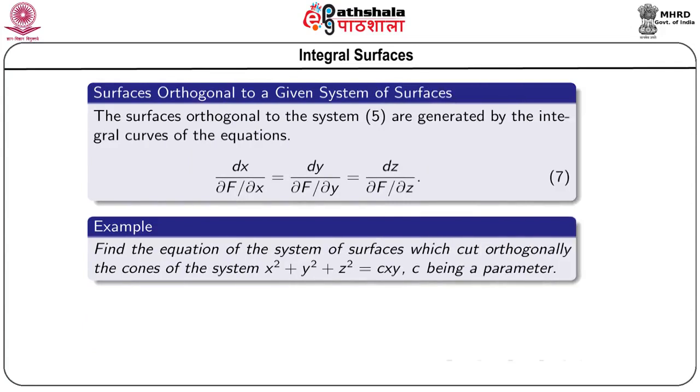Now, we shall illustrate the idea taking one simple example. So, let us take this example. We have to find the equation of the system of surfaces which cut orthogonally the system of cones x square plus y square plus z square equals c x y, where c is a parameter.